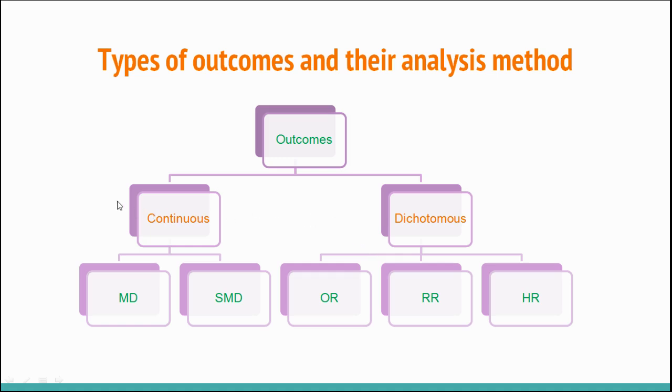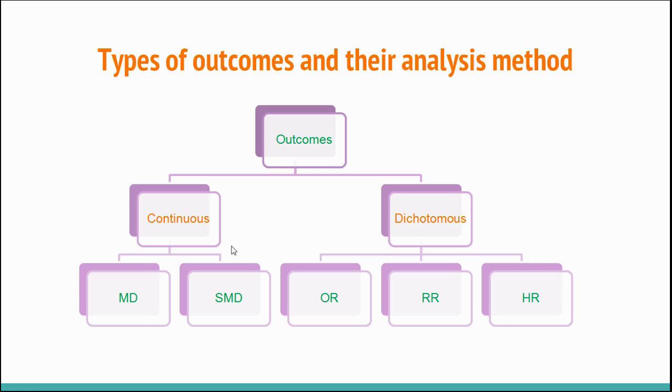But in one of my previous studies, for the first study, we took the biomarkers and we compared their efficacy on COVID-19. So over there, as biomarkers are continuous outcomes, we used standard mean difference to compare the outcomes, or the effect size was reported in terms of standard mean difference.